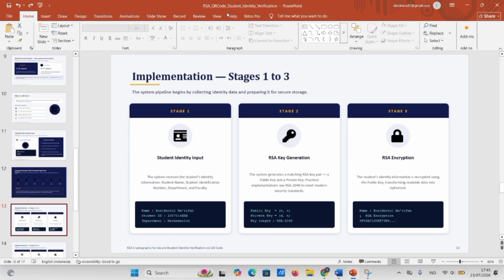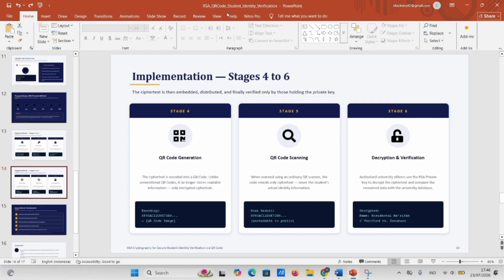The system generates a matching RSA key pair, a public key and a private key. The practical implementation uses RSA 2048 to meet modern security standards. And stage 3: RSA encryption. The student's identity information is encrypted using the public key, transforming readable data into ciphertext.